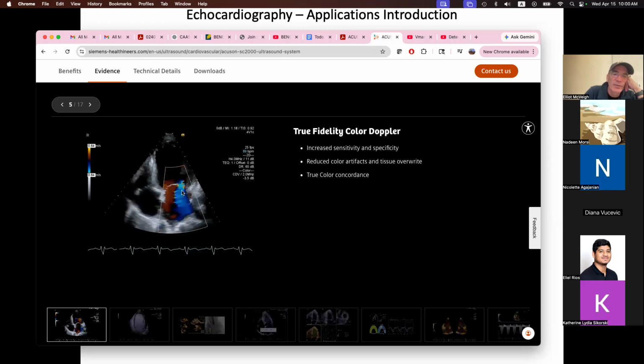And you can see the blood is going into the left ventricle when it relaxes, but it's also creating a huge jet away from the left ventricle during contraction. So when the left ventricular muscle contracts, there's a hole or something in this valve, and the velocity is coming out here, right? And so instantly you know what the pathology is, and you know the severity of the pathology. And this one looks pretty severe, right?